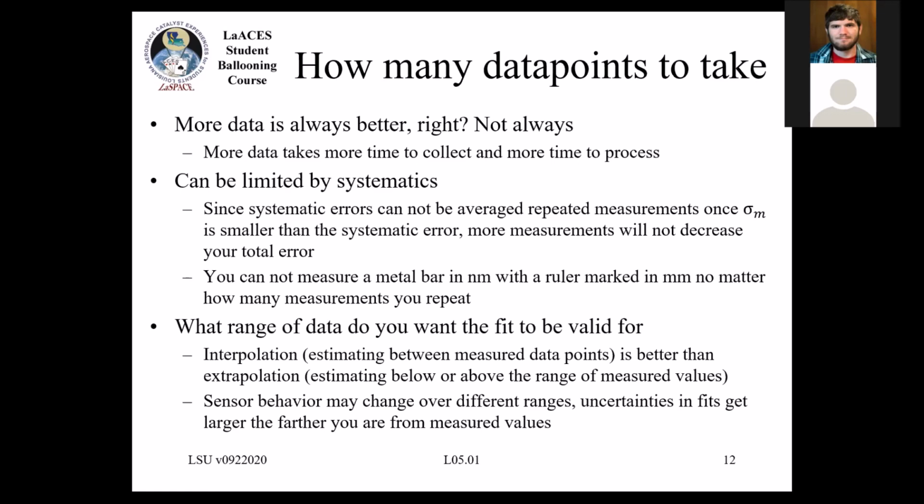Part of that is because maybe the sensor that you're using to make the measurements, its behavior has changed. Some things are linear over a small range, but then the behavior changes. Also, whatever uncertainty you have in that fit, it gets larger and larger as you get further and further from the values that you measured.